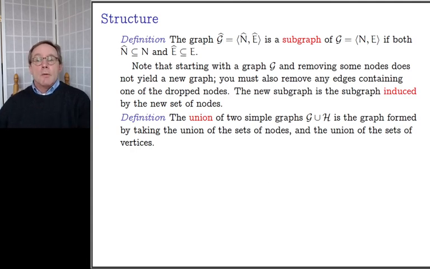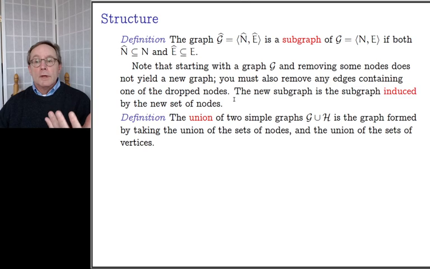Now, I want you to note the mistake you can make here: starting with the graph G and removing some nodes doesn't yield a new graph. You have to also remove the relevant edges. If I go back to the bipartite example on the previous slide, I can't just erase A at the top. There's some edges hanging there that are not connected to anything.